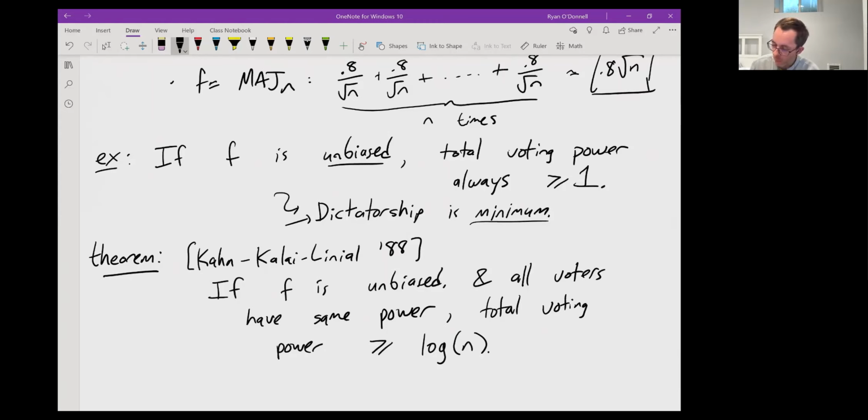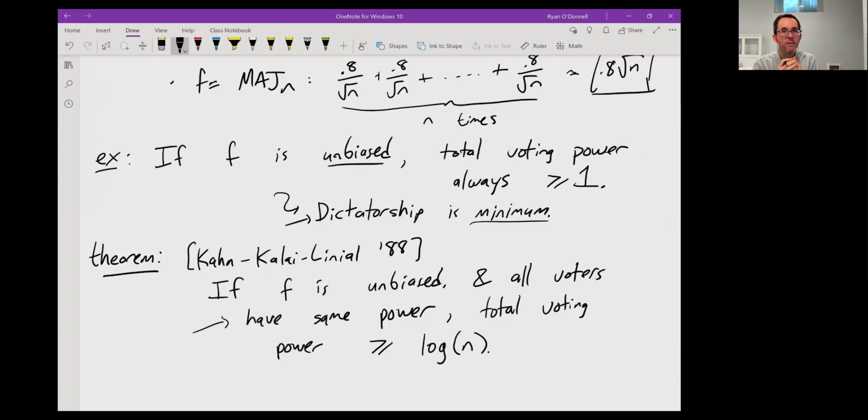So these are the more reasonable schemes. You're not only unbiased, but everybody has the same power. That means the total power has to be at least the logarithm of n, which for n being 300 million is, I don't know, 25 or something. And actually, there's some bizarro voting scheme that has this property. You divide up the population of the USA into groups of 25 people.